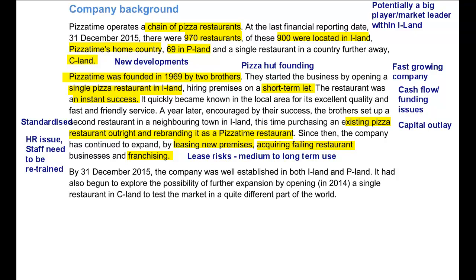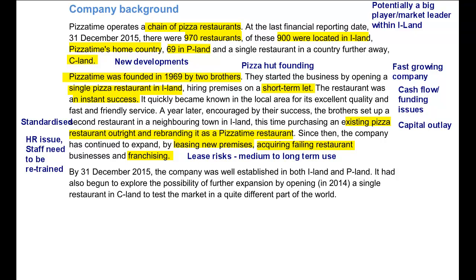When the consumer sees this franchised restaurant, they will not see it as a franchise restaurant, they will see it as a Pizzatime restaurant. And so anything that a franchisee does to their restaurant will have an impact on the Pizzatime brand itself. So that is always the risk when it comes to franchising.